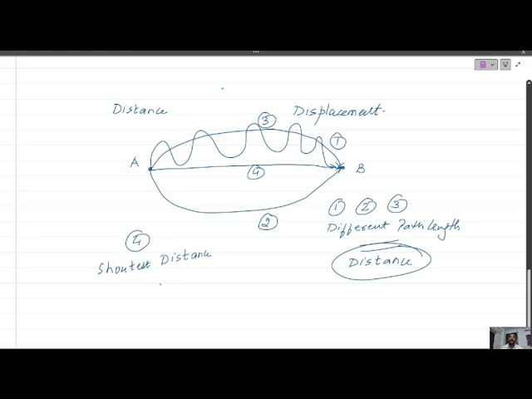The shortest path that you're taking to go from point A to point B is a straight line. And this shortest straight line distance is called a displacement.